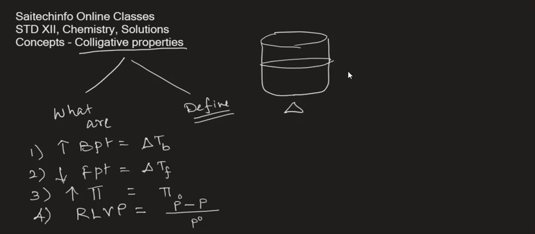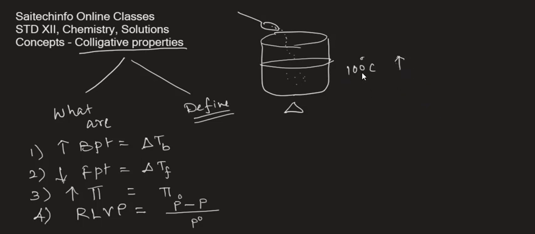It boils at 100 degrees centigrade. But when we add some salt in that, it becomes a salt solution. When you check after adding the salt or some solute, there will be an increase in the boiling point.